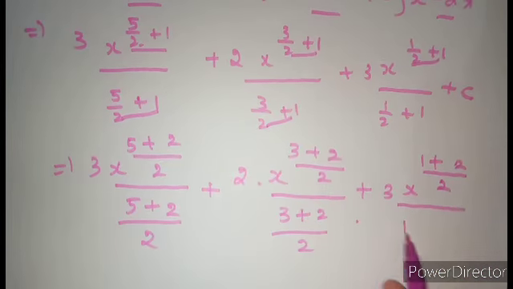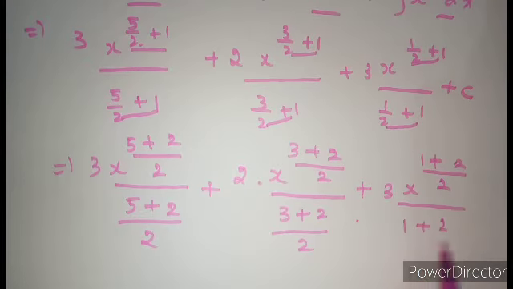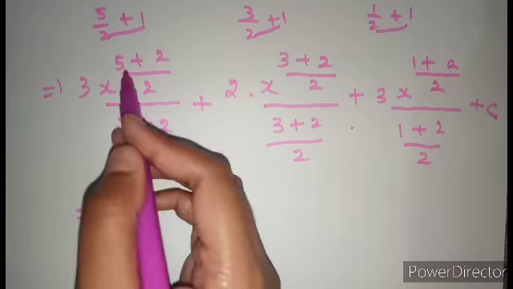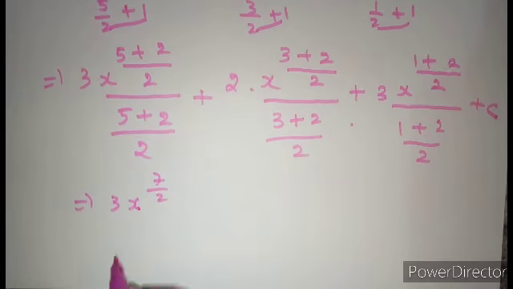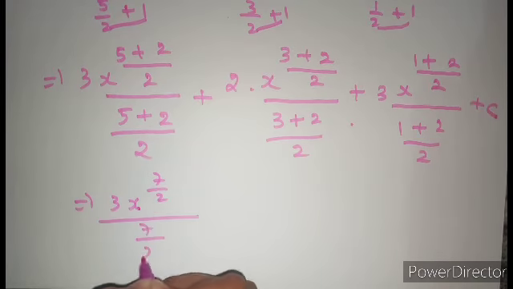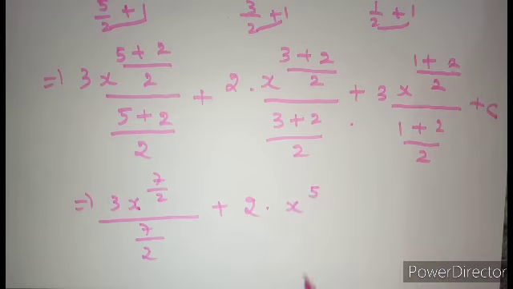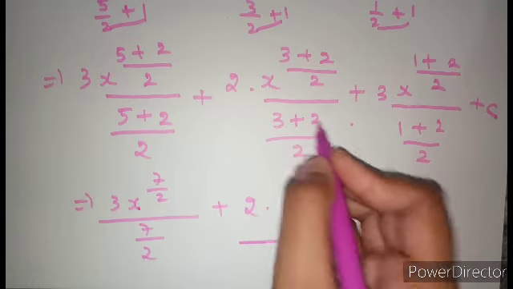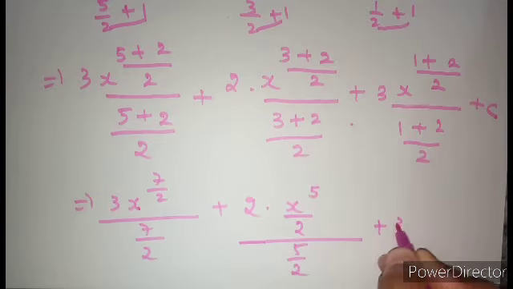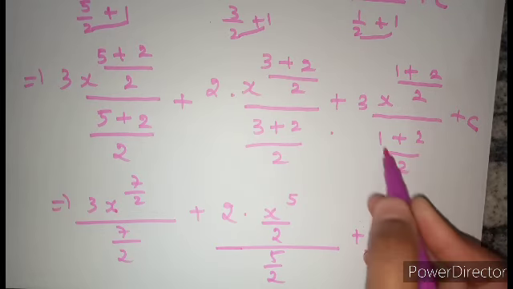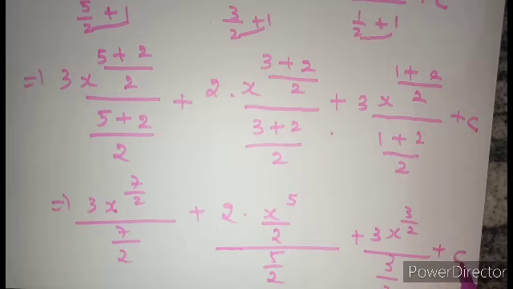Next 1 plus 2 ones are 2 upon 2 plus integration constant c. This implies 3x^(5+2) is 7/2 upon 7/2, plus 2 x^(3+2) is 5/2 upon 5/2, plus 3 x raised to (1+2) is 3/2 upon 3/2, plus integration constant c.